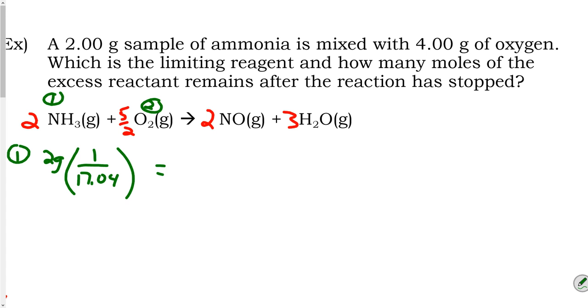You should get 0.1174 moles. Jaden, your math, please. Wait, so you know the molar mass of ammonia is 17? Did you do your decimals right? Should it be 17.15?